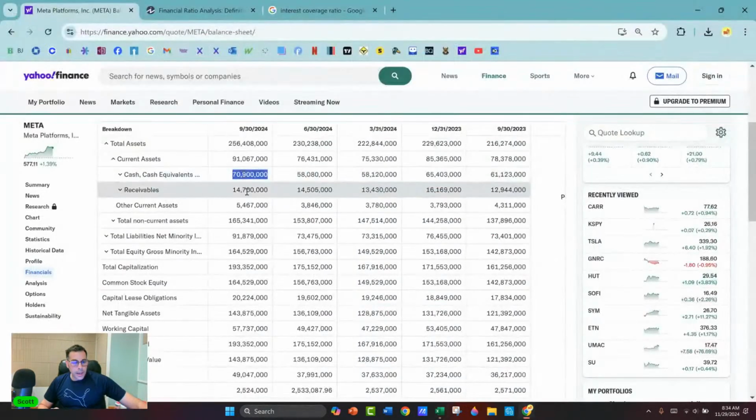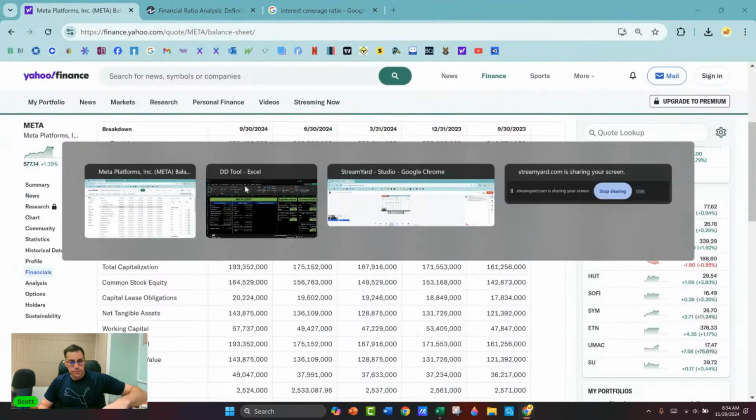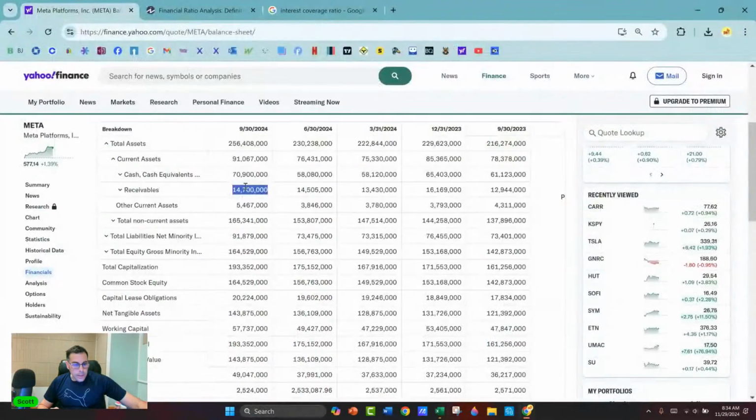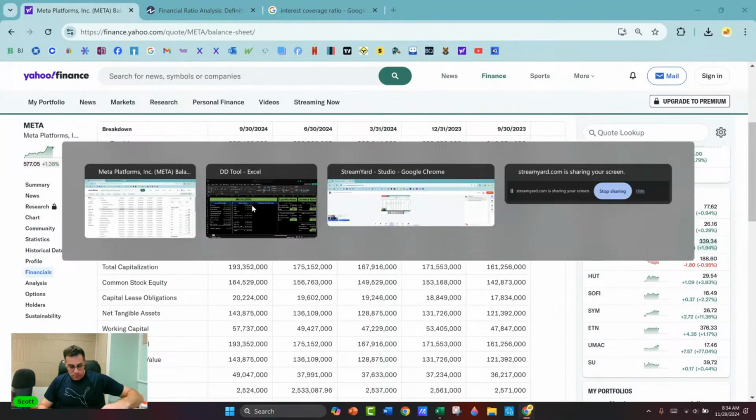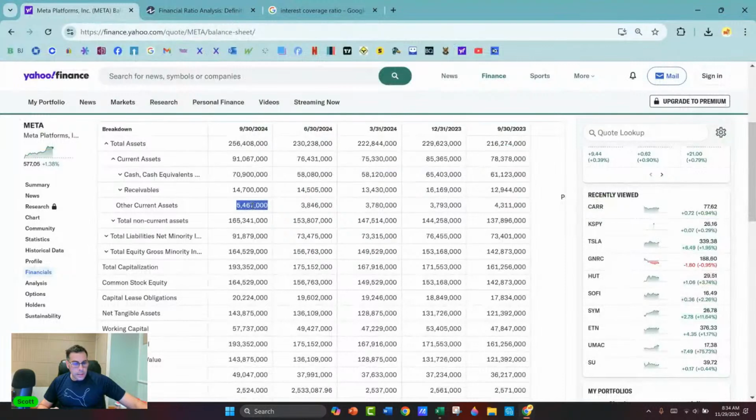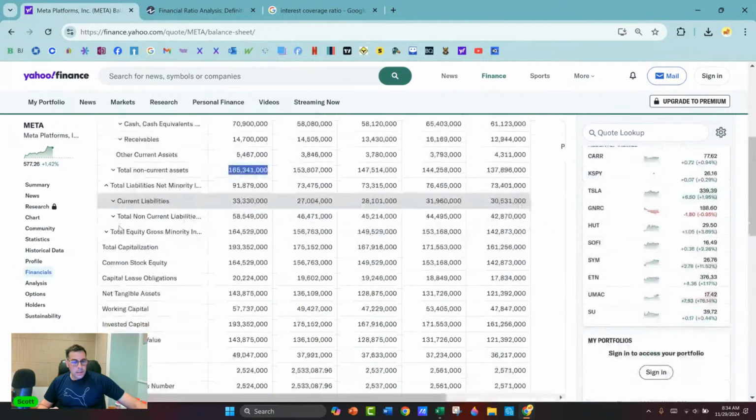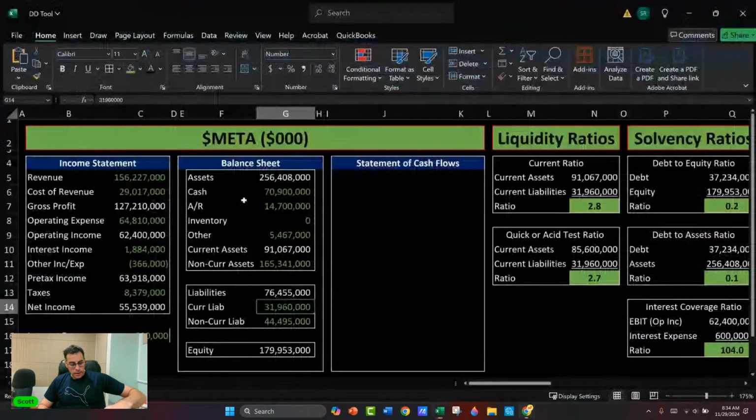So you want to bring in the cash, accounts receivables, and then other. And then your non-current assets. And then your current liabilities.